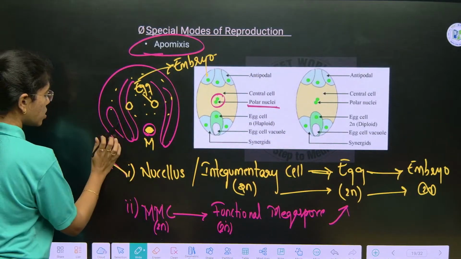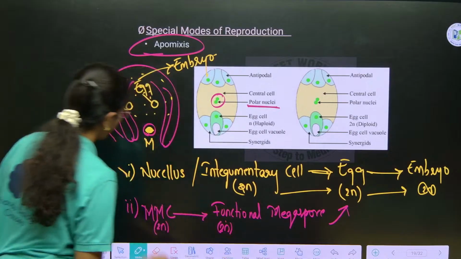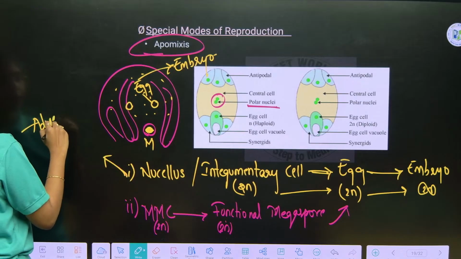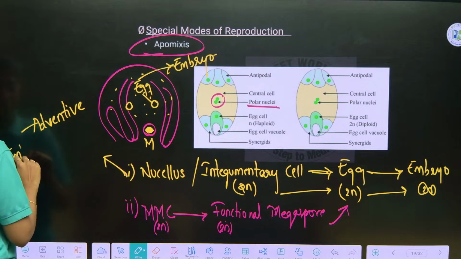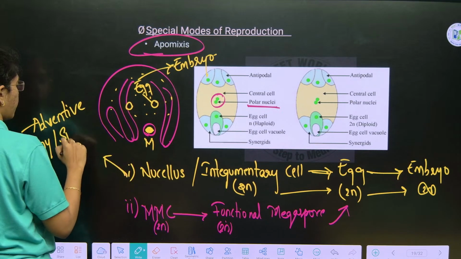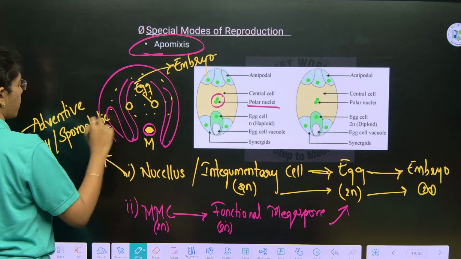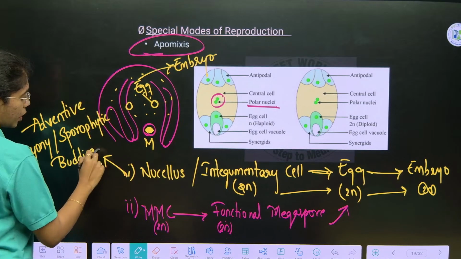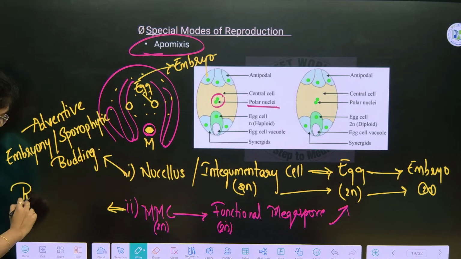This first process is addressed as adventive embryony or sporophytic budding. And this is known as recurrent agamospermia.